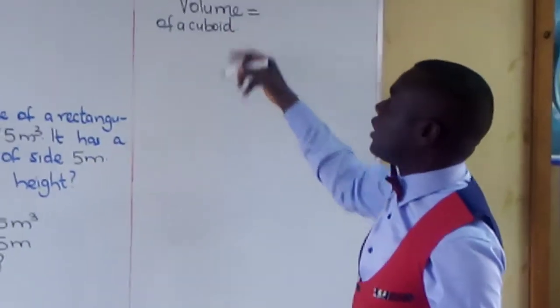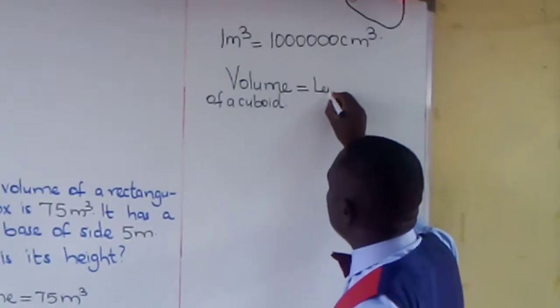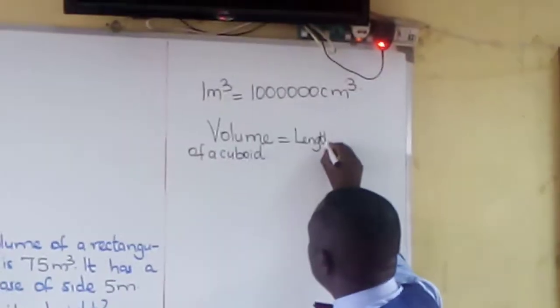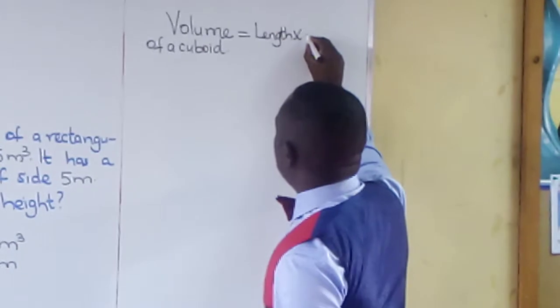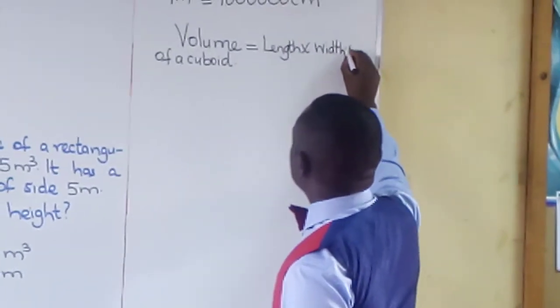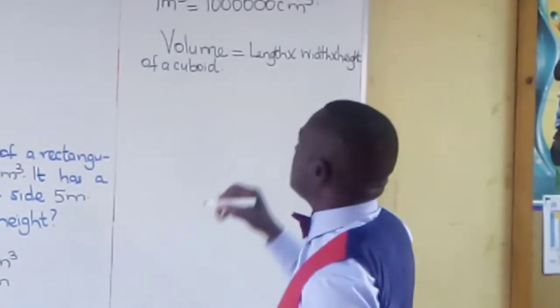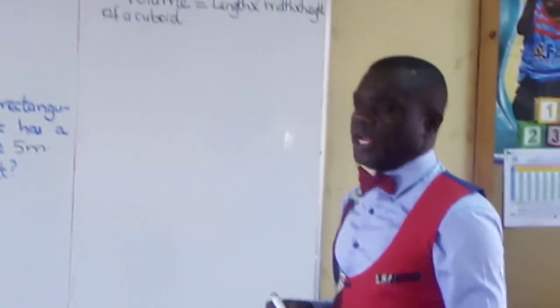So the volume of a cuboid is denoted by length multiplied by width multiplied by height. That is the volume of a cuboid.